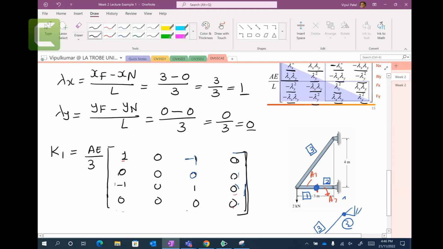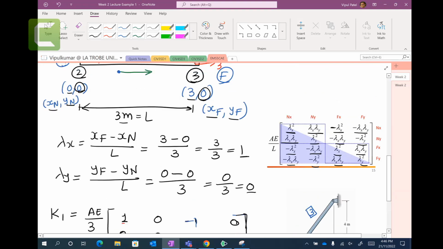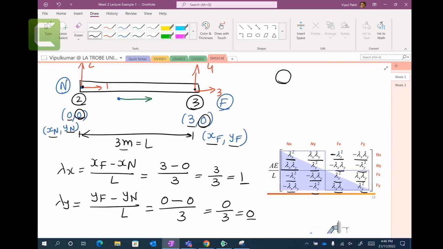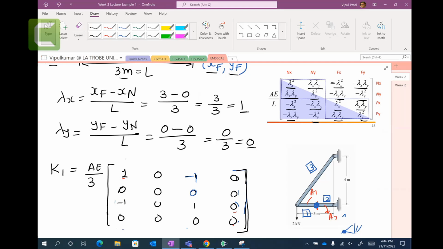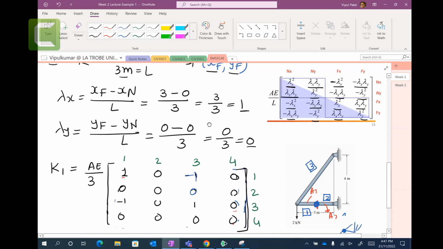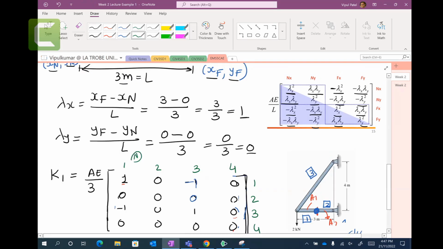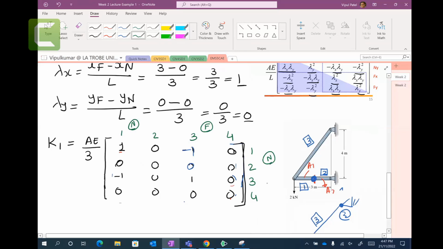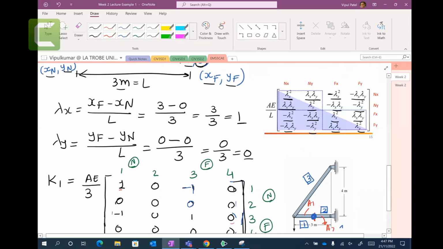It's very simple. Another thing I want to put is that you always put your x, y, x, y, x, y, x, y. What is x, y, x, y? First, you put the near node, so that is your near node, x, y. This is your far node. Always you put the near node, always you put the far node, and x, y.